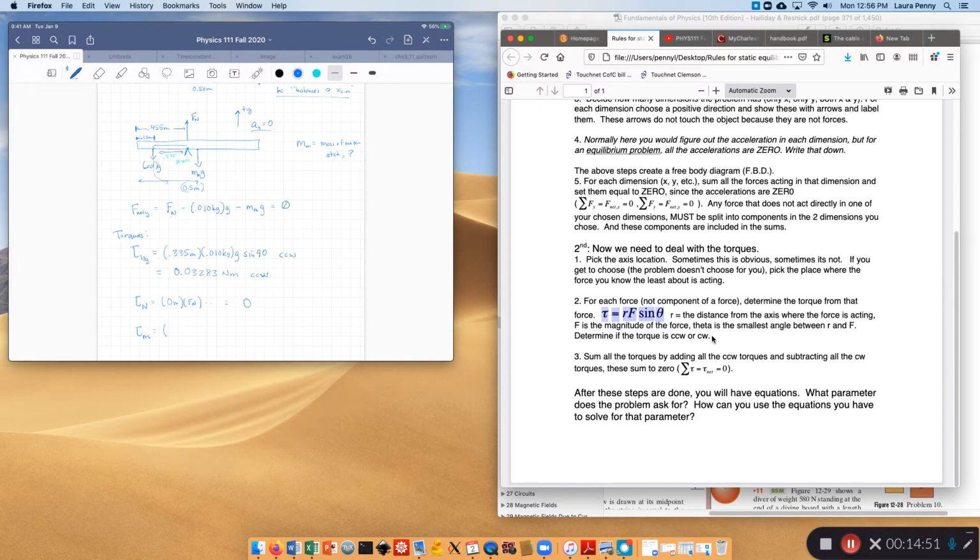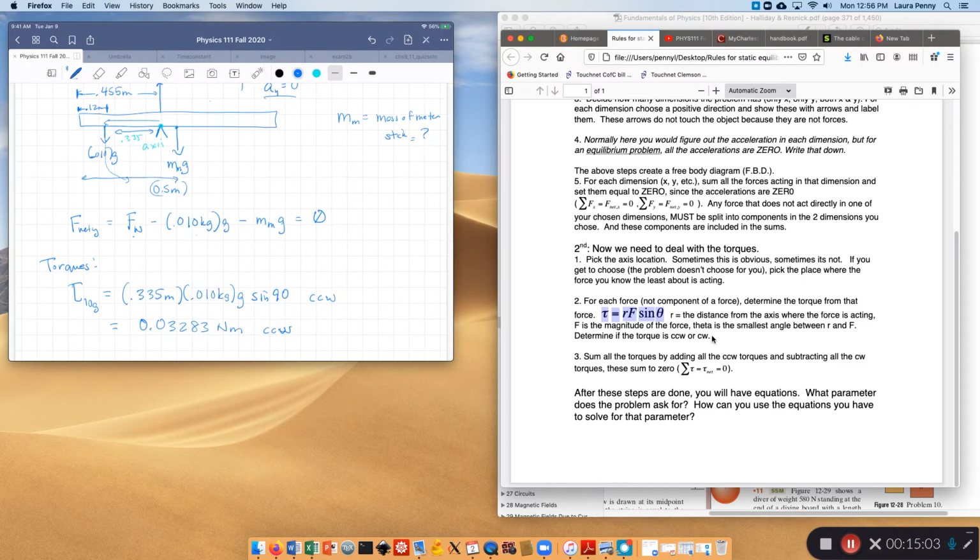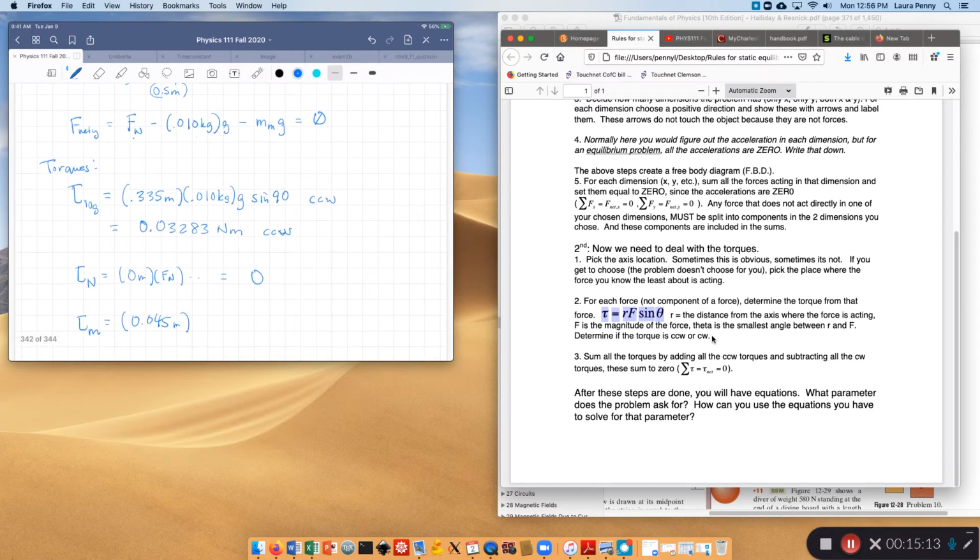Now this happens at 0.5 meters, but that's 4.5 centimeters from the axis to our force. If this is at 0.455 and this is at 0.5, then this is 4.5 centimeters from there.